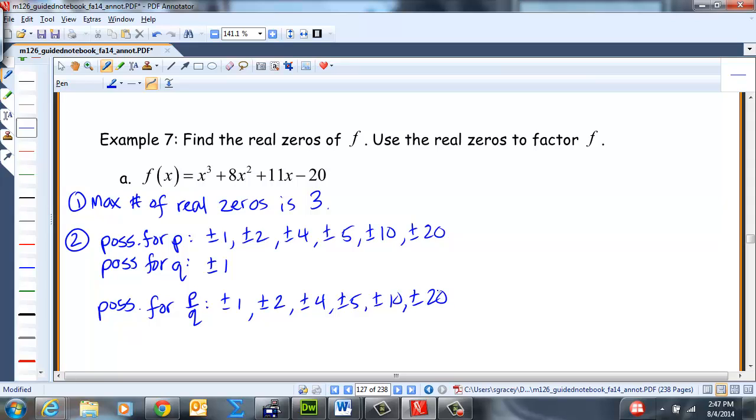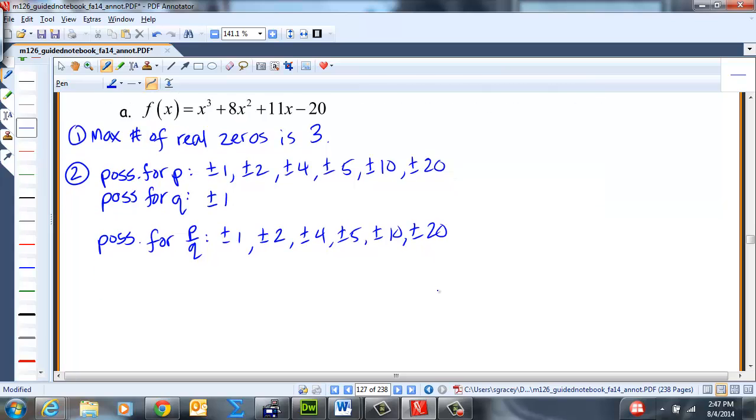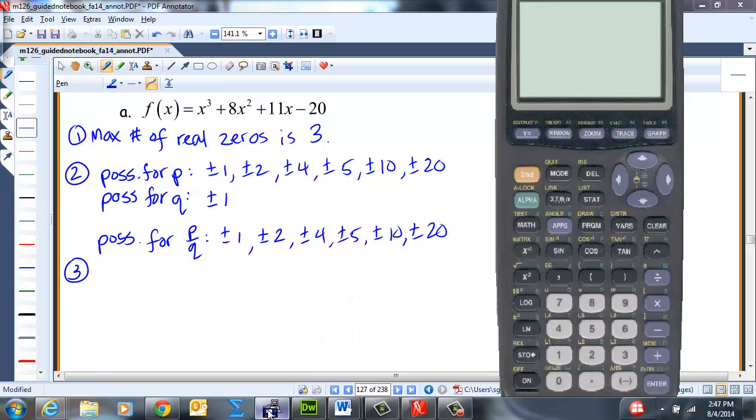Okay, so here we go. We found all those possibilities. The third step is to graph. So we're going to go ahead and we're going to get the graphing calculator. And we're going to go and graph this guy.